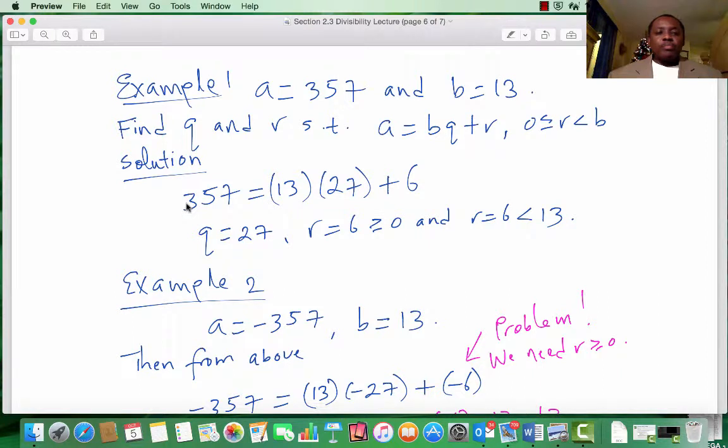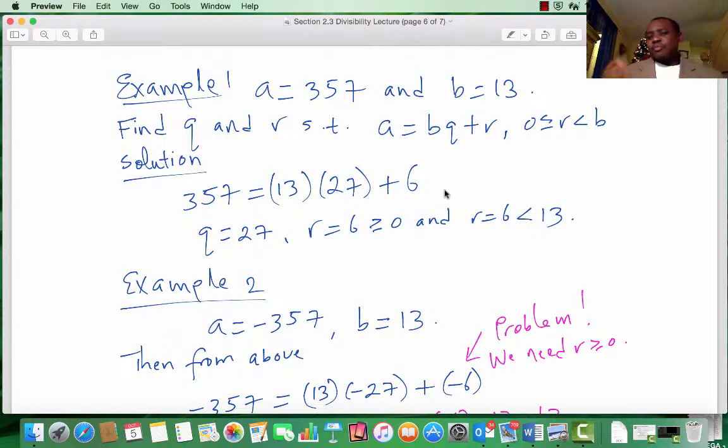Simple computation would give you 357 equals 13 times 27 plus 6. All you have to observe is that the remainder R is bigger than or equal to 0 and also strictly less than B, which is 13. That is the case, so we're done.